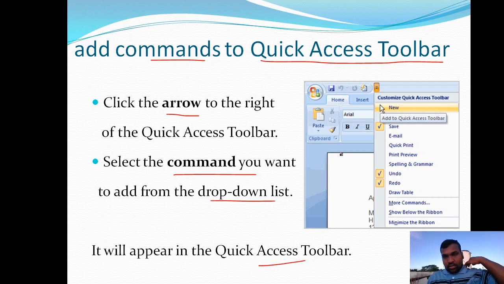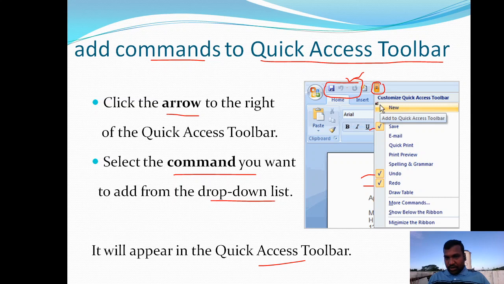You can view these things in this particular diagram. Here the quick access toolbar will appear after pressing this down arrow button. Save, undo and redo are selected, and those three commands are available here.